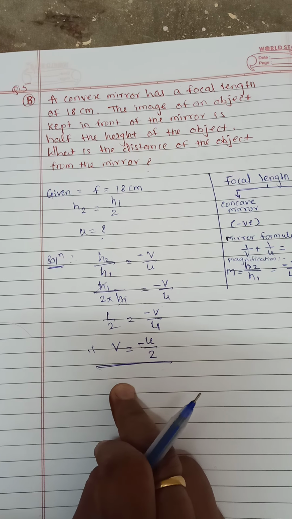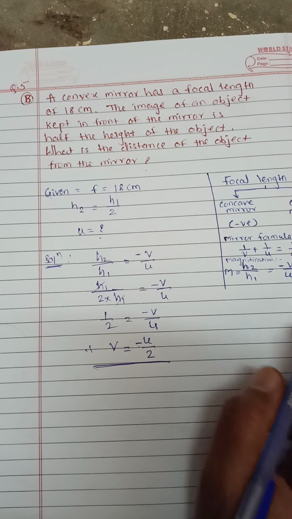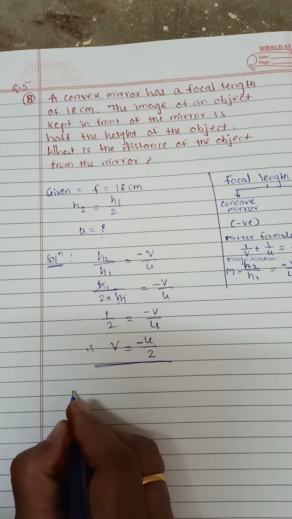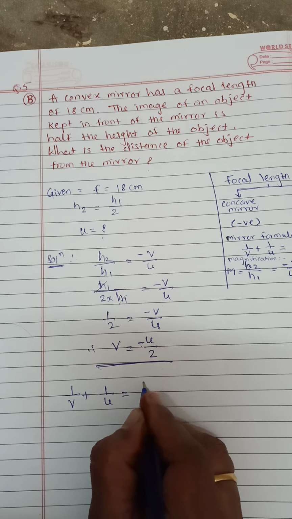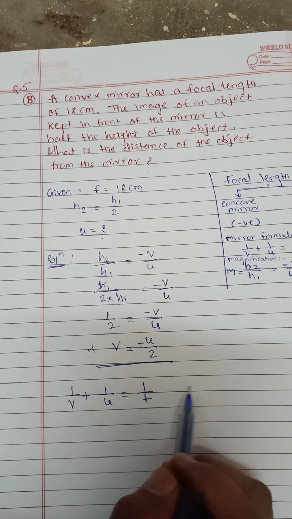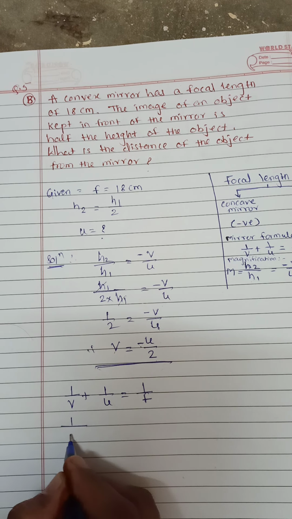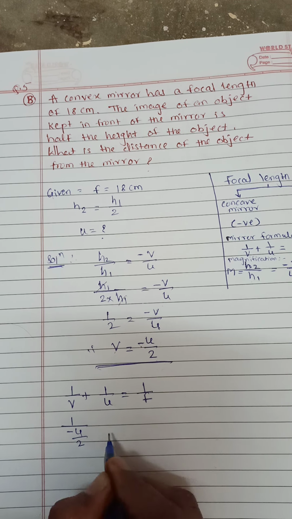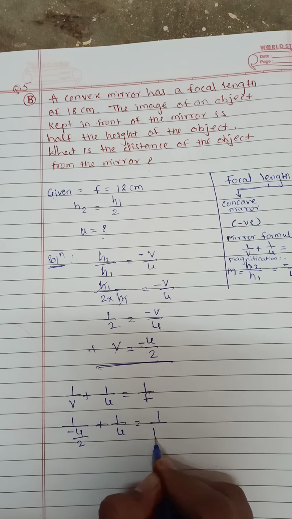Now we'll use this v value in the mirror formula. 1 upon v plus 1 upon u is equal to 1 upon f. So in place of v, we'll write 1 upon minus u upon 2, plus 1 upon u is equal to 1 upon 18.